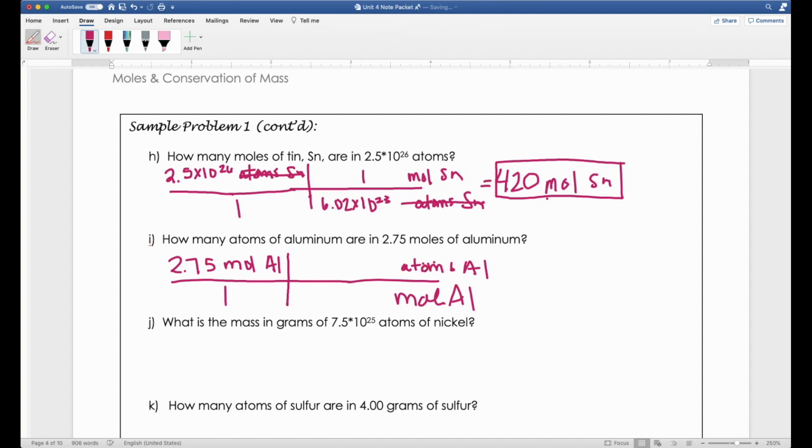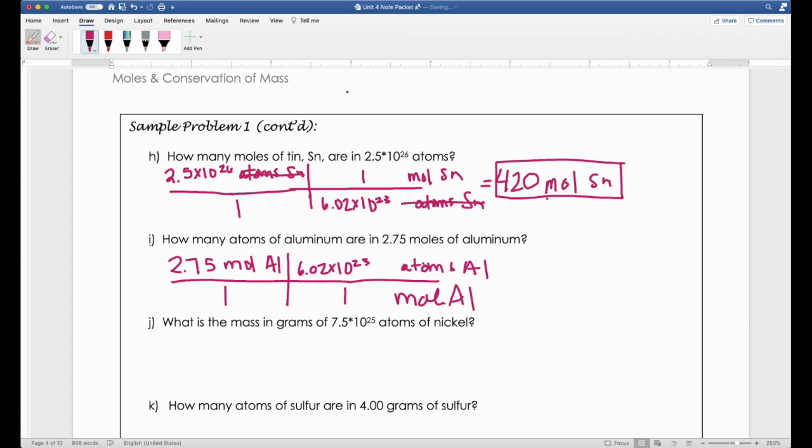Now notice here again, you don't memorize where numbers go. Avogadro's number happens to be on the bottom, and that's because this unit of atoms is also on the bottom. Here, atoms is on top. So we have to place Avogadro's number in the numerator in this dimensional analysis problem, because 1 mole of aluminum is on the bottom.